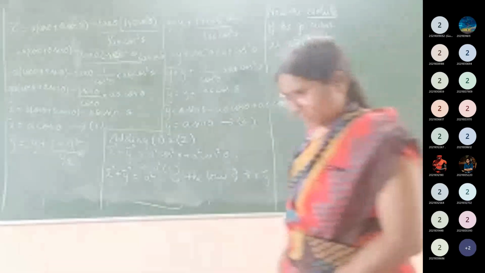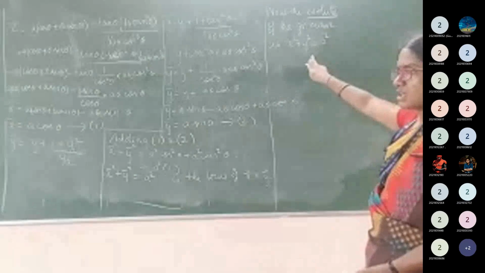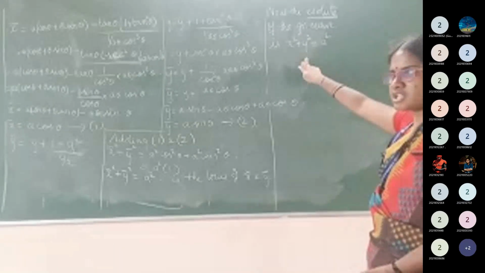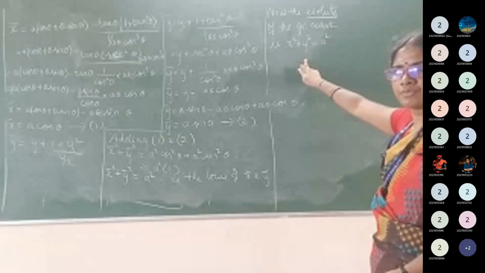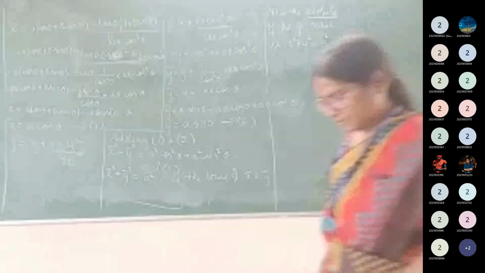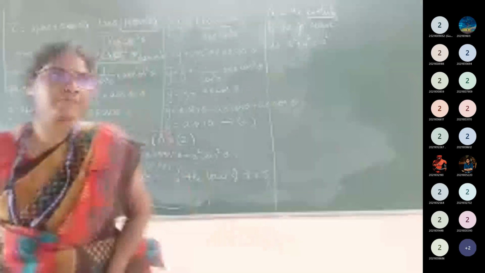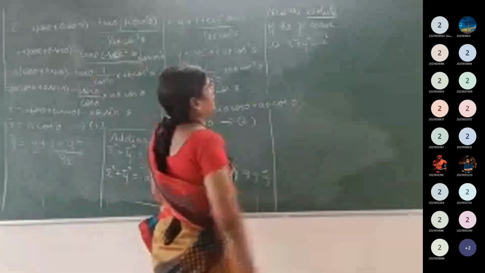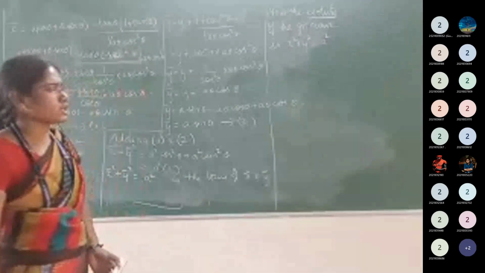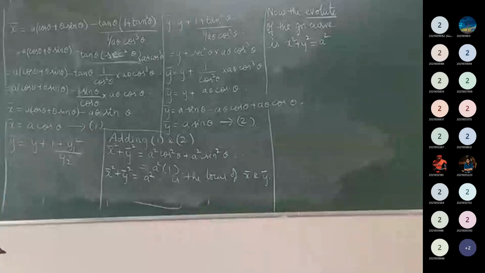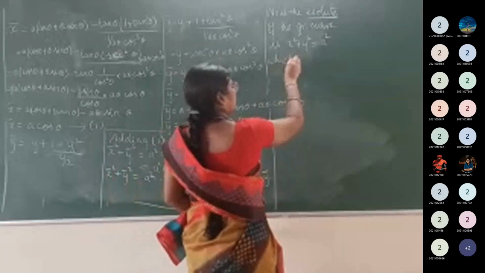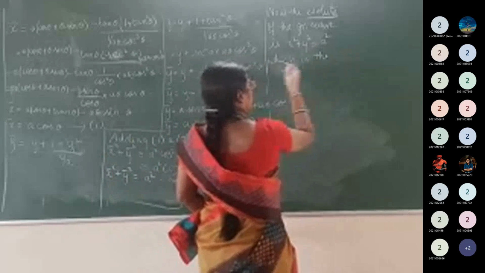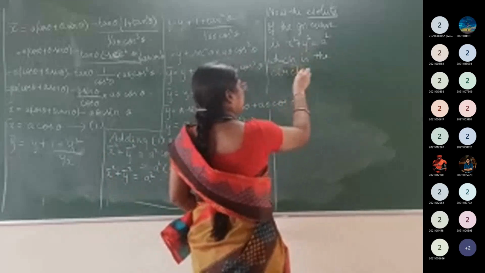Circle, ma'am. Yes, this is the circle with origin at 0 and the radius is a. So now the evolute of the given curve is x squared plus y squared is equal to a squared, which is the circle.